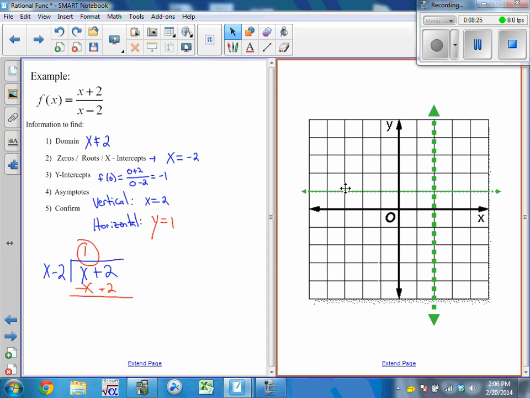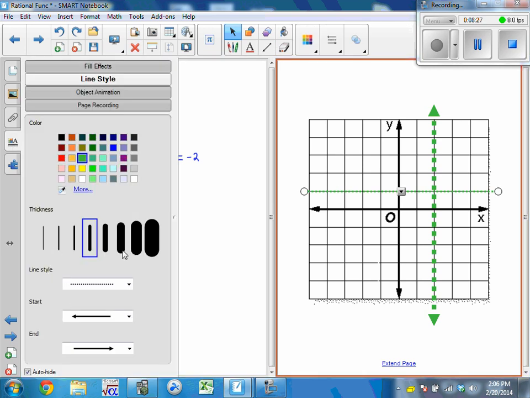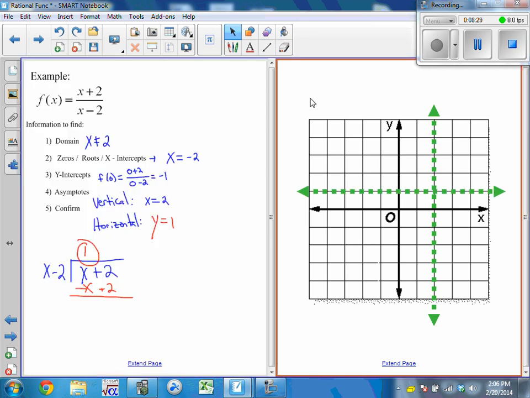So there are our horizontal and our vertical asymptotes. We know that our graph has an x-intercept, or a root, at negative 2, which is right there. We know that it has a y-intercept of negative 1, which is right there.